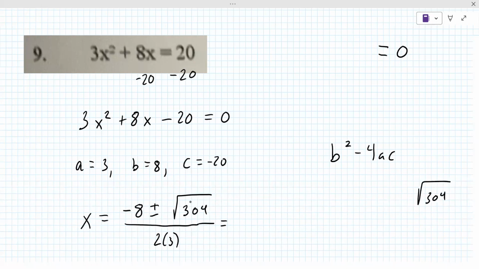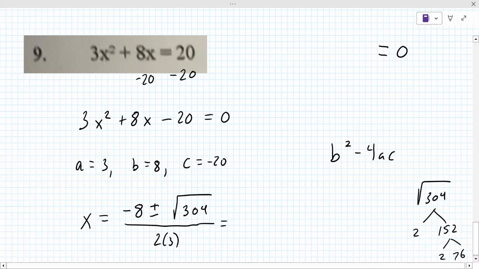Have you checked to see if that works out perfectly or not? Not yet. I feel like it might. Maybe. No, not perfectly. Okay, so we do have to do this horrible thing here where it's 2 and 152. Oh man. 2 and 76. Yeah, I'm gonna help here.